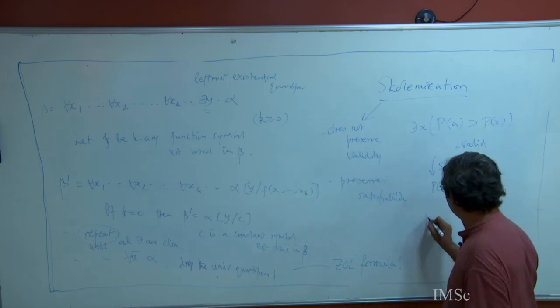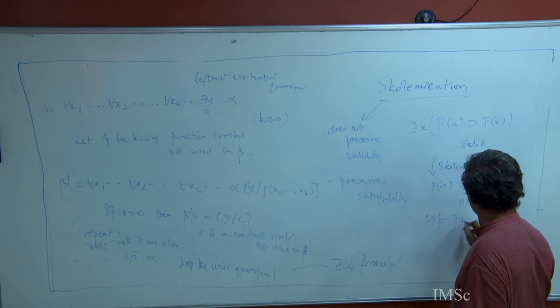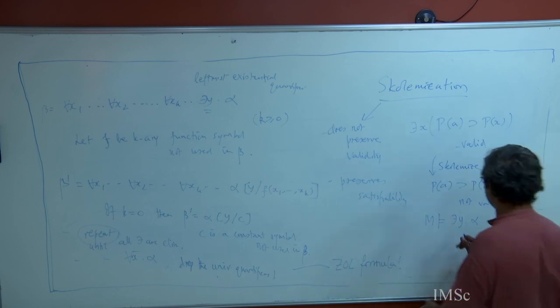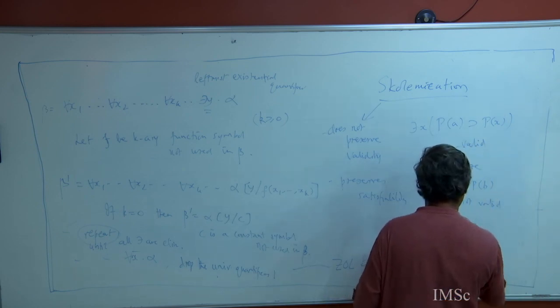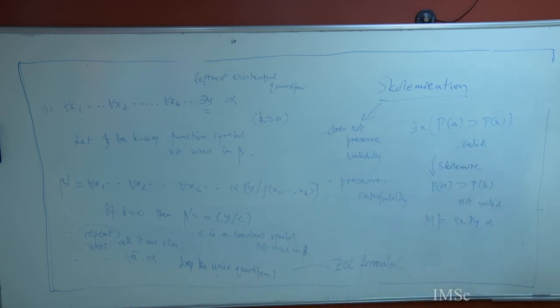Why? Suppose there is a model M that satisfies, for all x there exists y alpha. Then what does it mean?